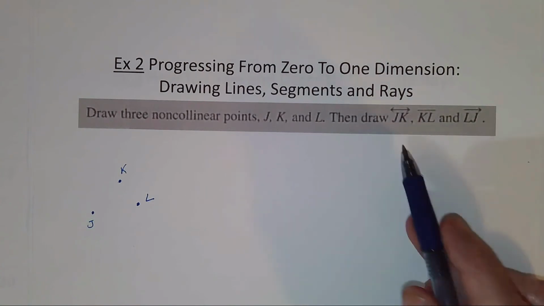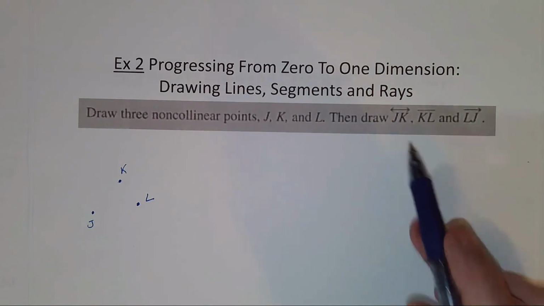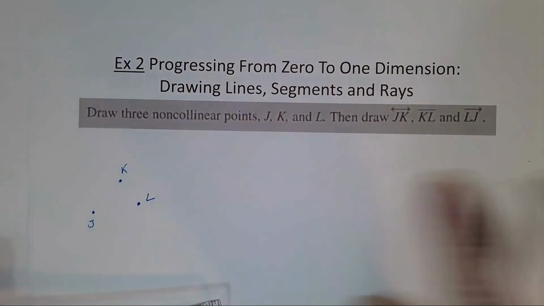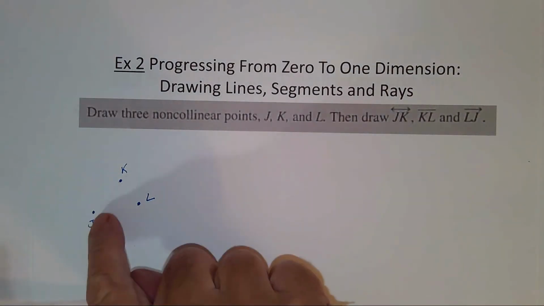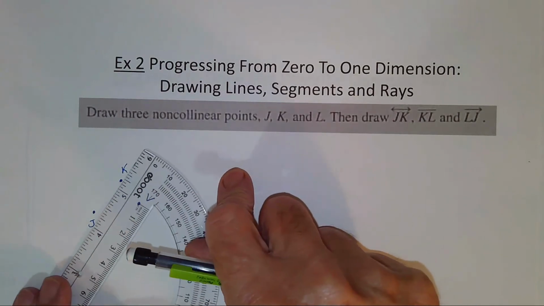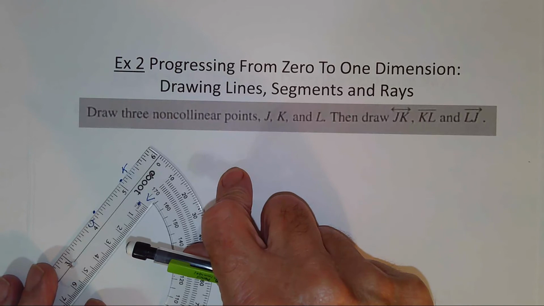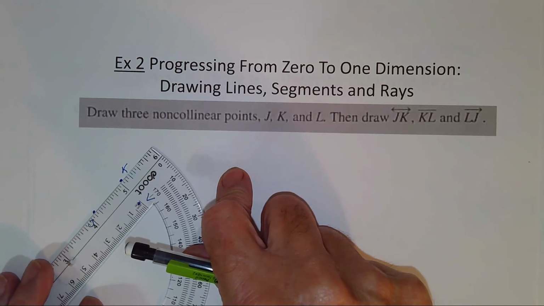But now they want me to draw a line JK. So let me see if I have my protractor. Yes, I do. And let me get a pencil. Here, I have one. So they want me to draw a line JK. Well, here's J and here's K. So I'm going to draw a line that goes through these.